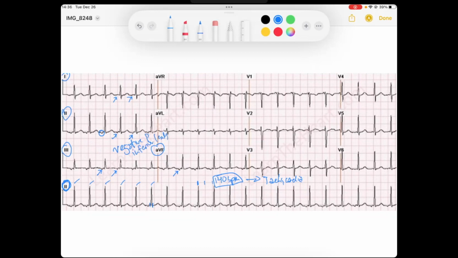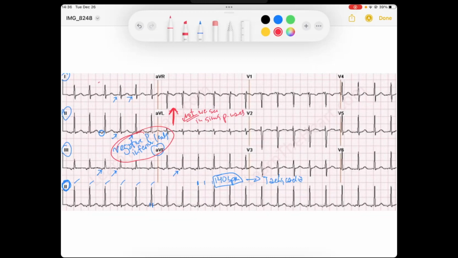Well, what does that tell me? The inferior leads are registering any electrical activity coming towards them in a positive fashion. So any electrical activity going away from them must mean that these P waves are headed from low to high. And that is not something that we see in sinus P waves, because we know the sinus node is in the upper right part of the heart, and so when it depolarizes the atria, it's going to create a P wave deflection that is going to go down into the left.